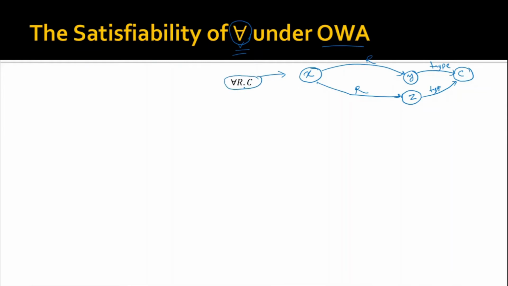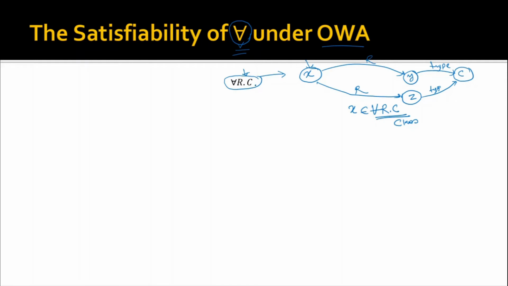The range of R, for all the elements participating in the relation R from the subject position, should belong to C. If that is happening for a particular subject, that subject, X, would be a member of for all R.C. So this is a class, and X becomes a member of this class because it satisfies the constraint represented by this expression, right?